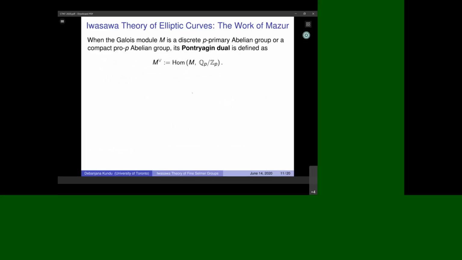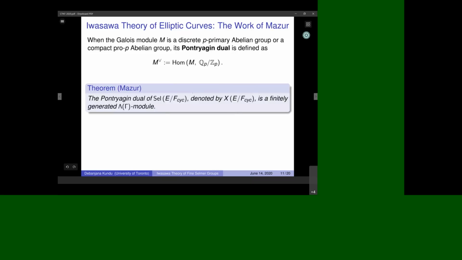First, I should tell you what a Pontryagin dual is. It's just homomorphisms going from your module M to Q_p mod Z_p. The only reason I have to introduce this is because it's often easier to work with compact modules than the discrete ones that I defined earlier, but this is just a technicality.